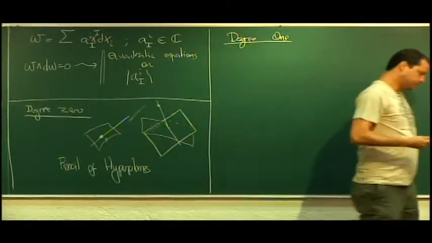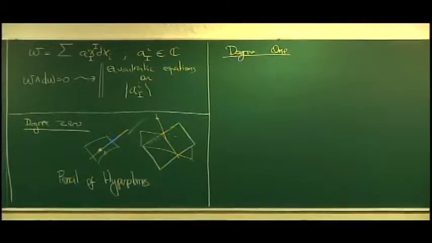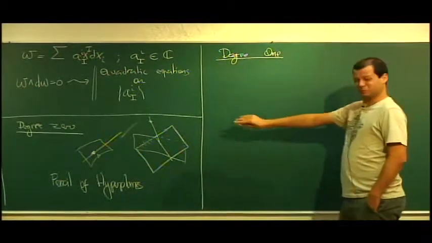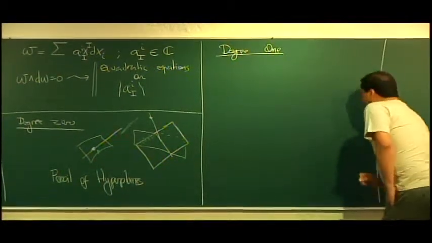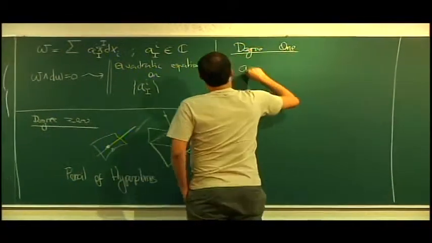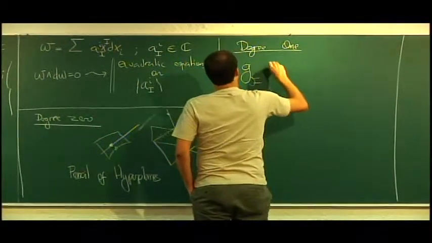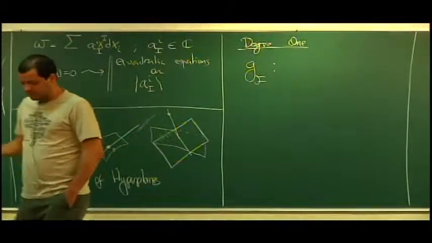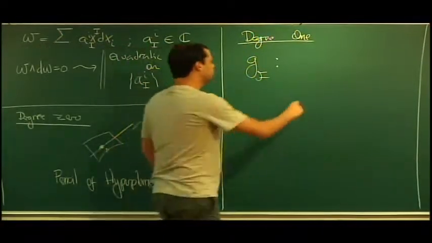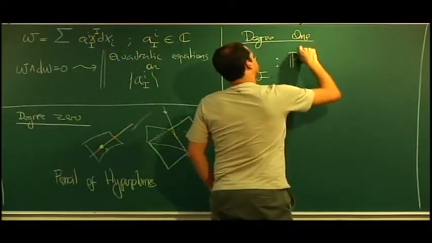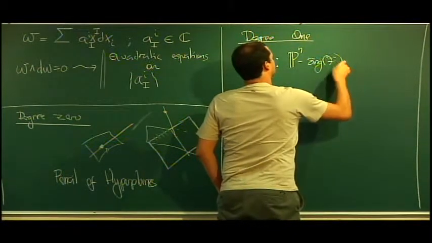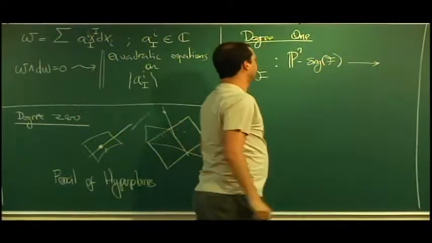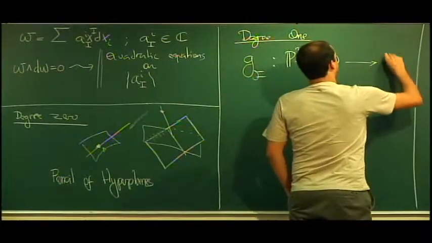And one useful idea in this case, which is somehow what we have done here, is to look at the Gauss map of F. What is that? It's just a map from Pn, let's say minus the singular set of F, to the dual projective space.